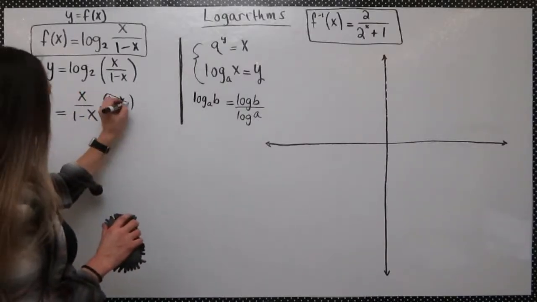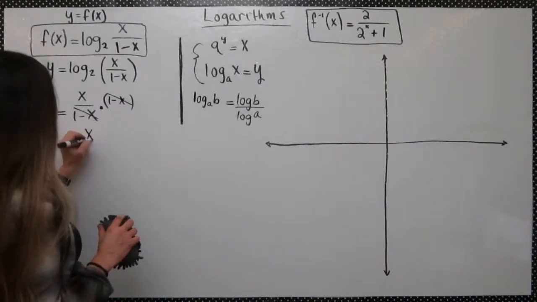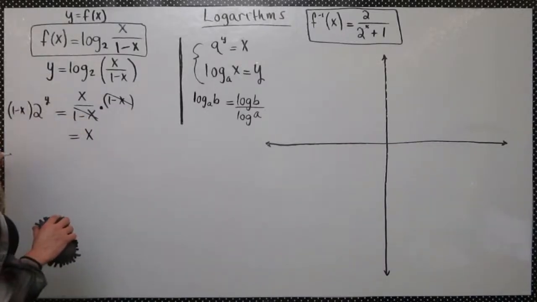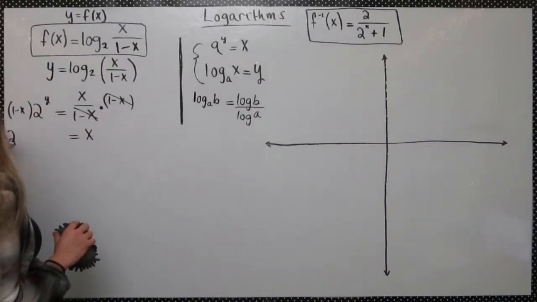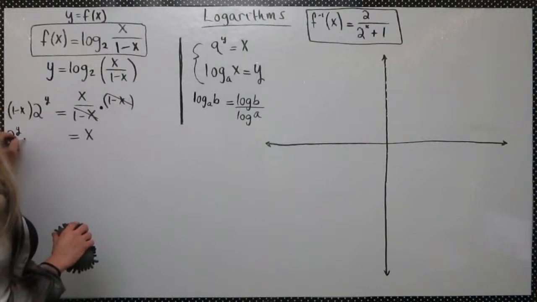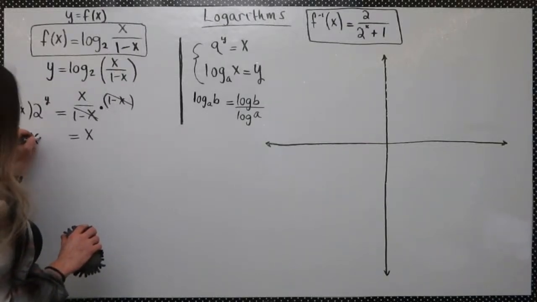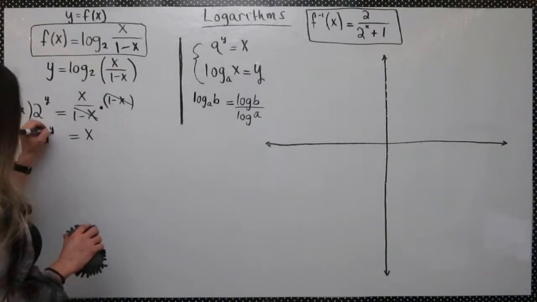And then the sides can cancel, we're left with X. And then this one, you're going to have 2 to the Y minus X times 2 to the Y.